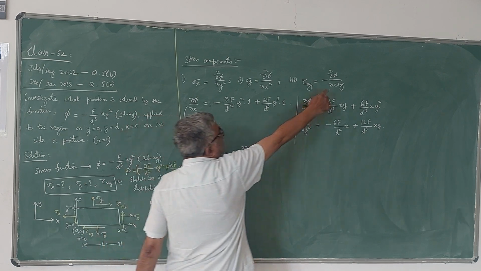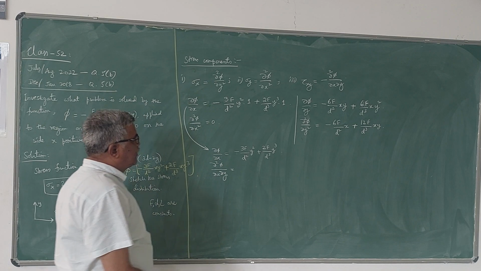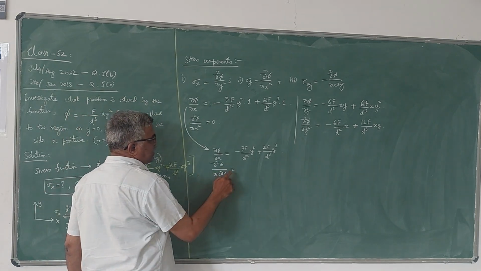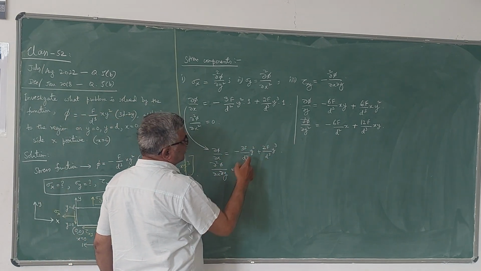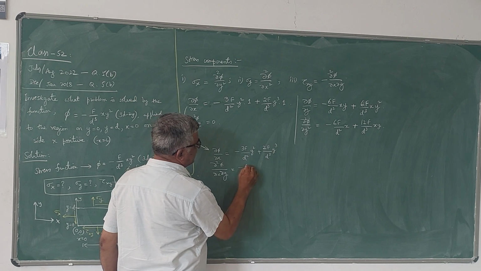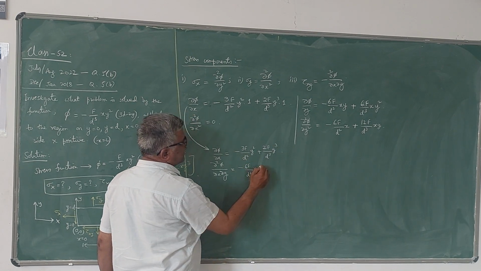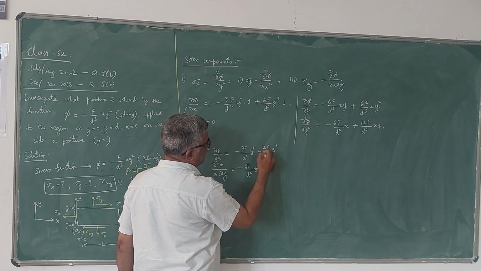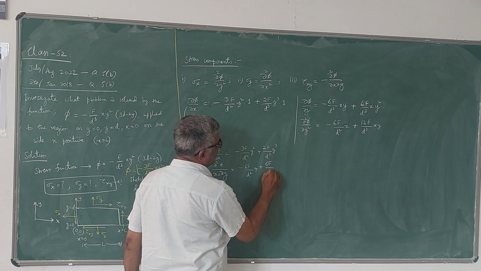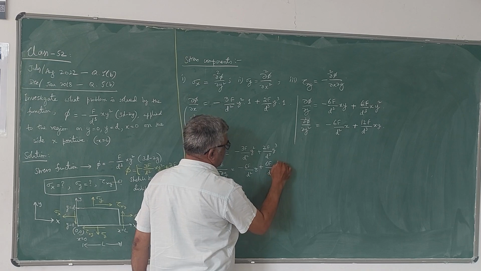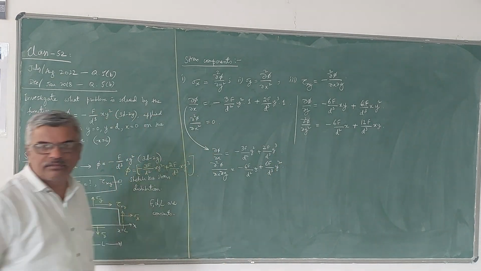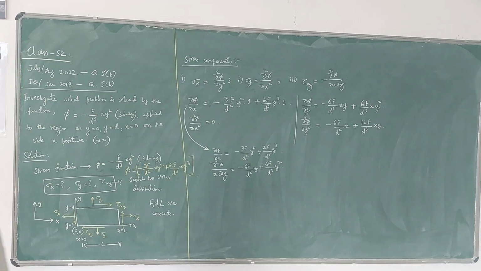I need this, you know. With respect to y, you have to differentiate this one. So this becomes 2y. So minus 6f by d square into y. This becomes 3y square. 3 into 2 is 6. 6f by d cube. Got it? This is what you get.